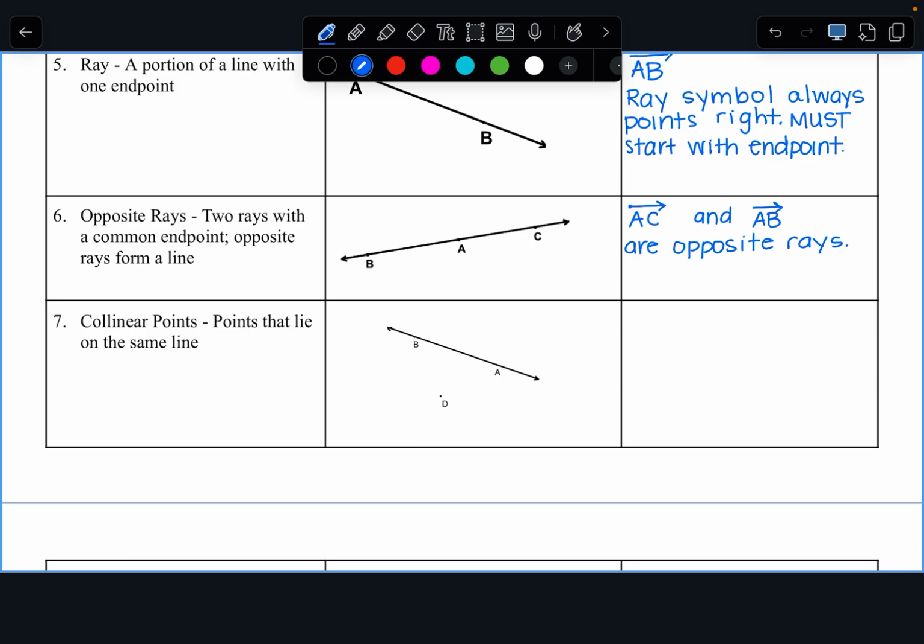Collinear points are points that lie on the same line. So points A and B are collinear. But B and D are also collinear.